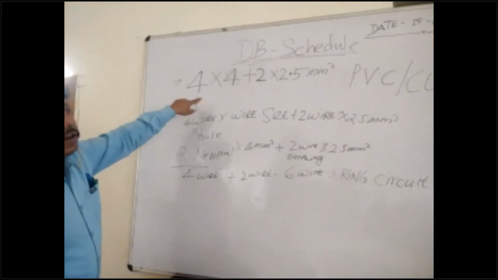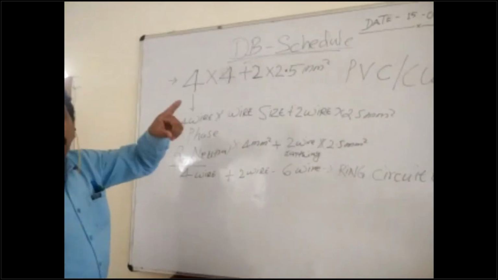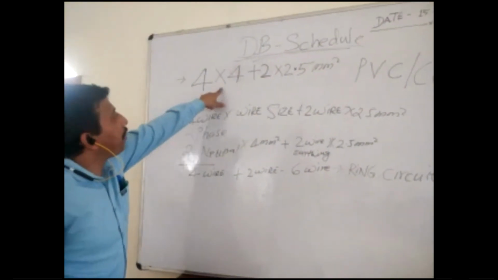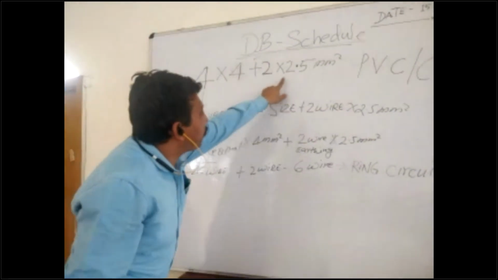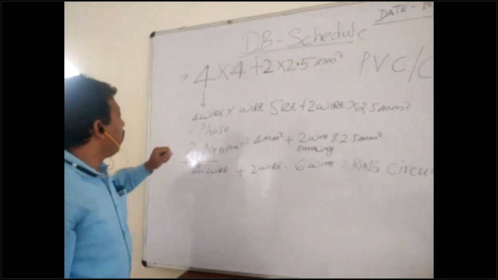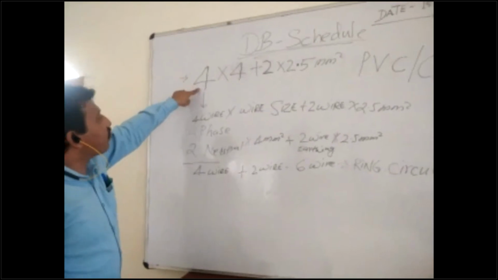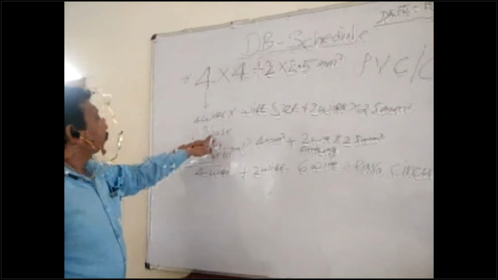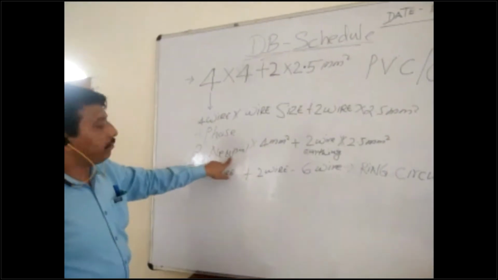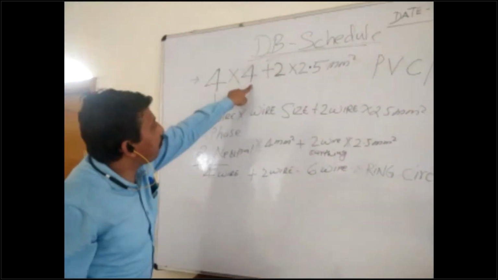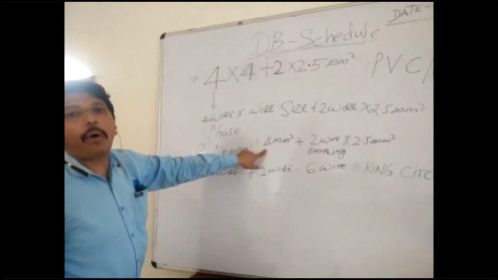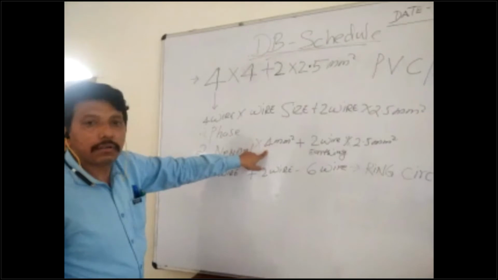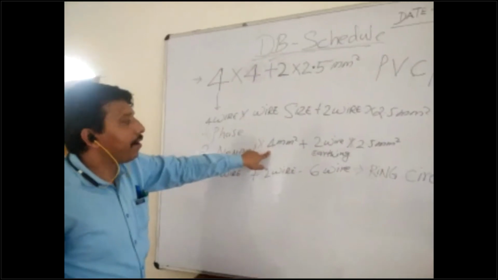So in the DB the number of ways is 2. You check here, there is only 4 into 4 plus 2 into 2.5 mm square. So you are clear about this? The first 4 is 4 wires. 4 wires means 2 phase wires, 2 neutral wires. And the other 4 means the size of the wire.